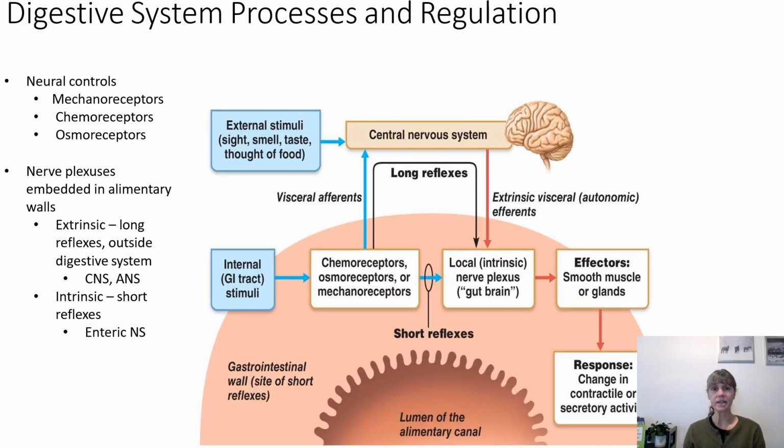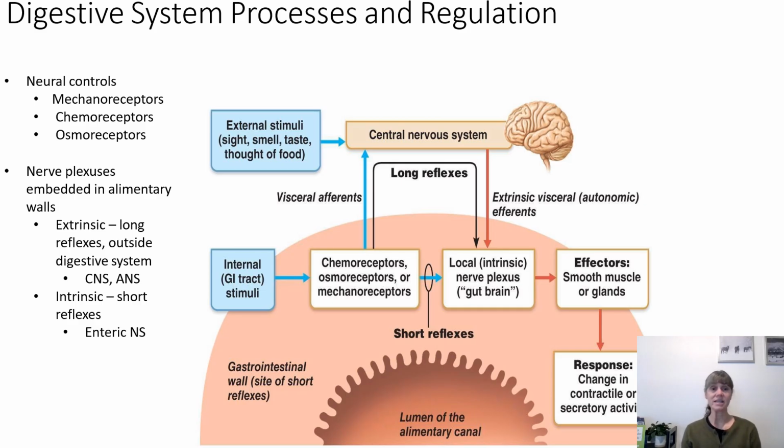When it comes to regulating digestion, there are 3 different ways of controlling digestive processes with the nervous system, including information that is going to be sensed by mechanoreceptors, chemoreceptors, and osmoreceptors. Neuroregulation includes the nerve plexuses that we mentioned earlier, which are embedded in the walls of the alimentary canal.